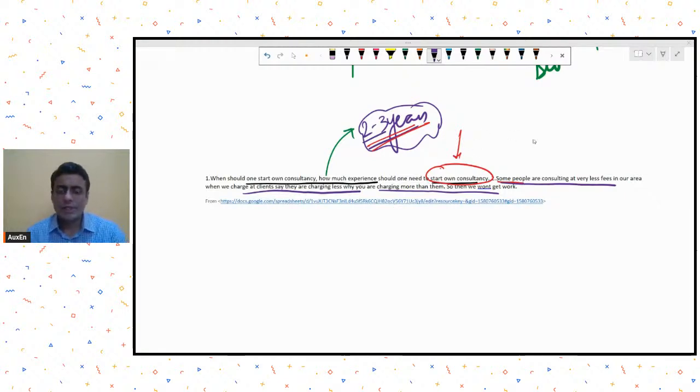Someone is charging less, and he or she is getting the work. It is between you and the client: how much they are willing to pay, and how much you are willing to work for. These are all market dynamics. I don't have anything to say about it.